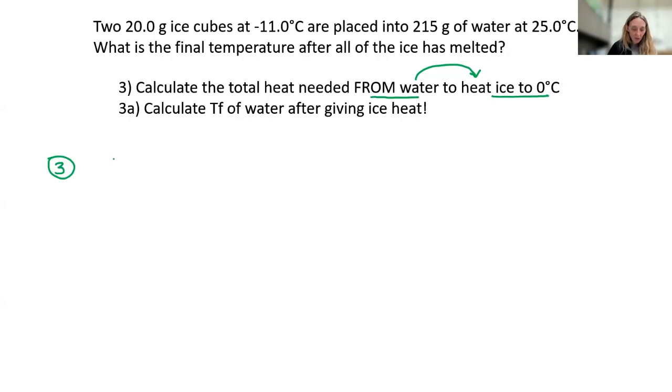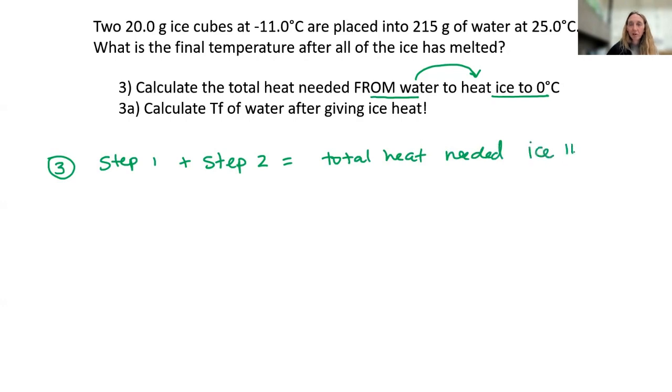So step number 1 plus step number 2 will give us the total heat needed for ice to go from -11 degrees Celsius to 0 degrees Celsius, and then to go from a solid to a liquid.